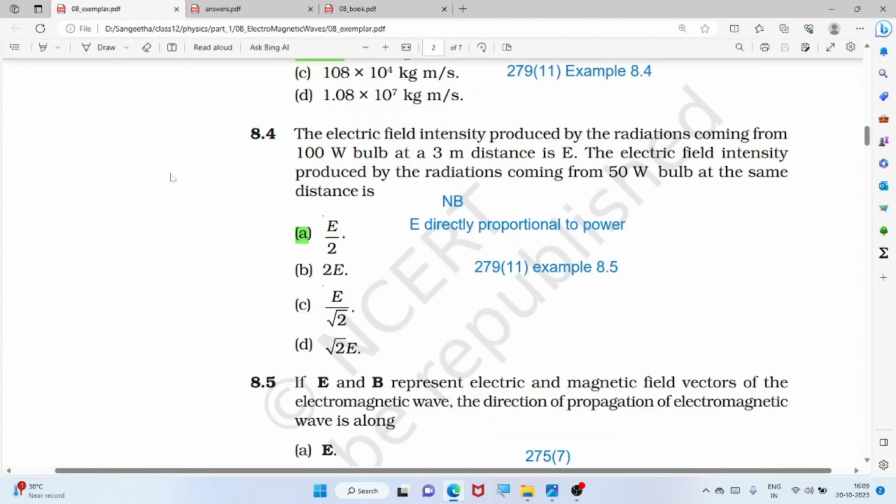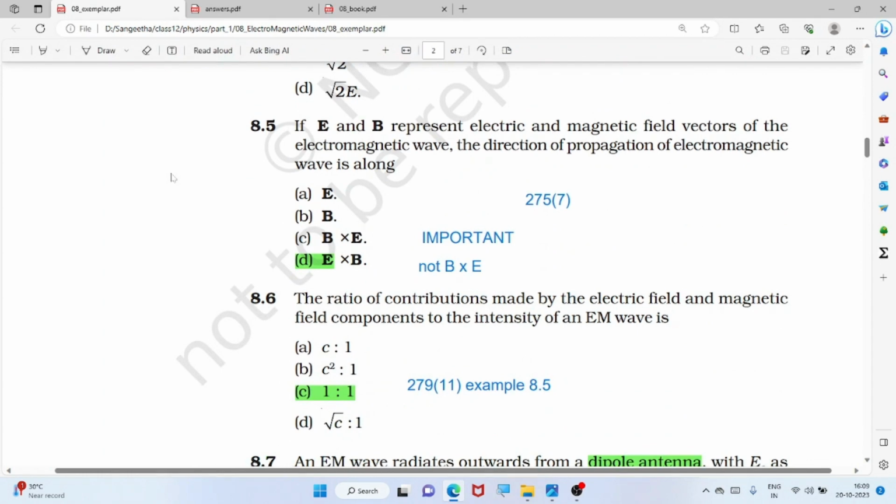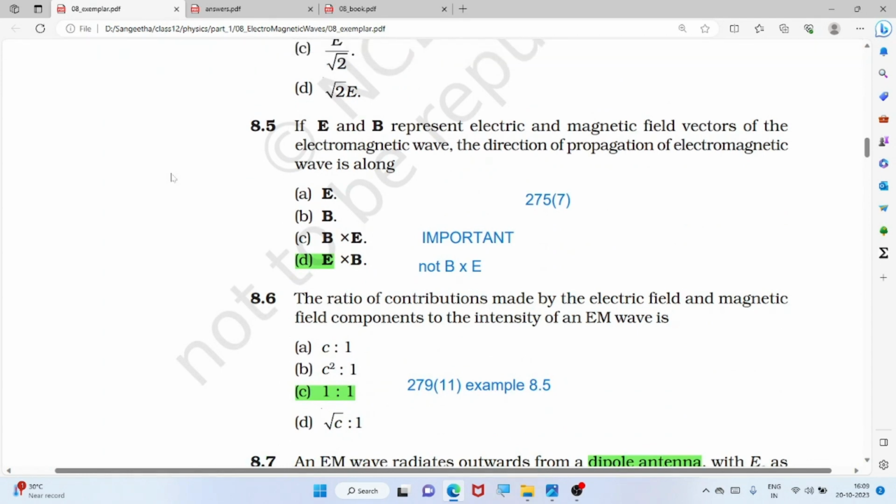If E and B represent the electric field and magnetic field of the electromagnetic wave, I already showed you how an EM wave looks like. It has an electric field component and a magnetic field component. The direction of propagation should be perpendicular to both of them. So it is important.